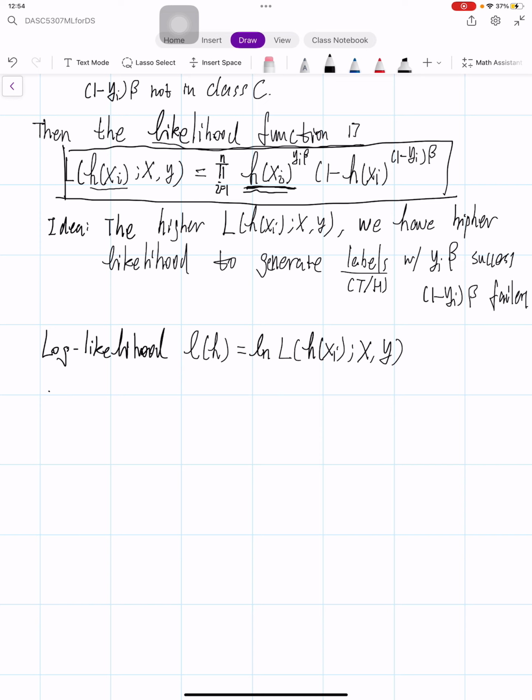Actually, this can be rewritten so the product becomes a summation, right? Since you take the log, the power comes down.